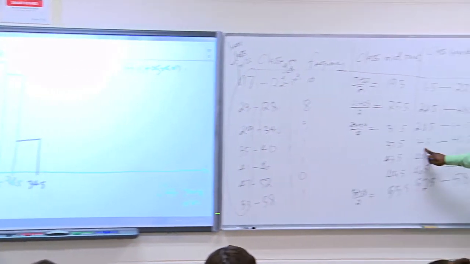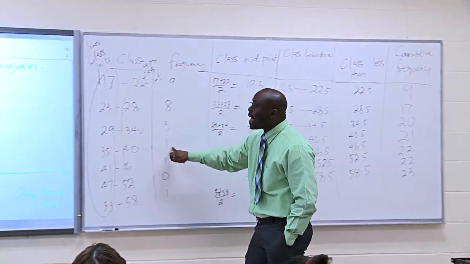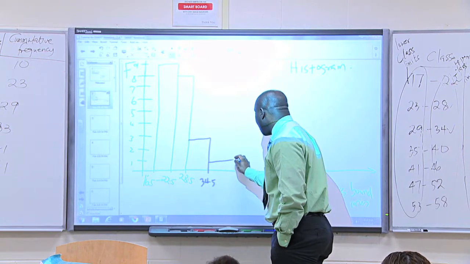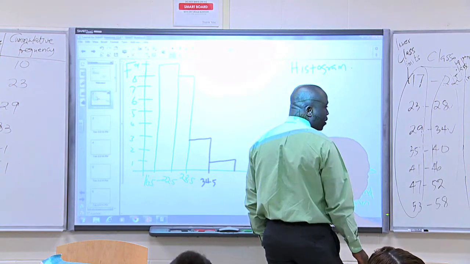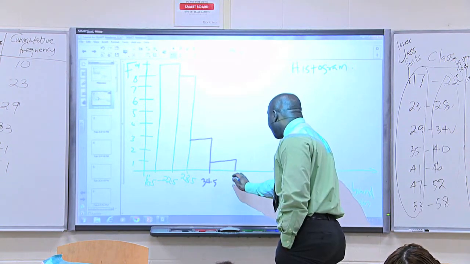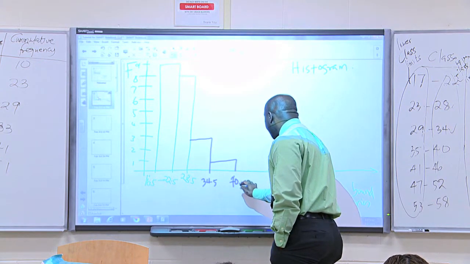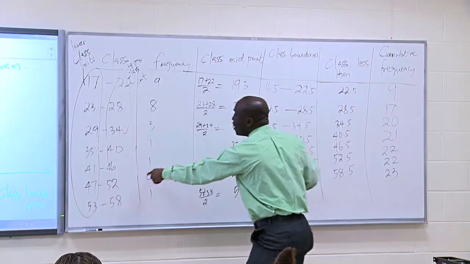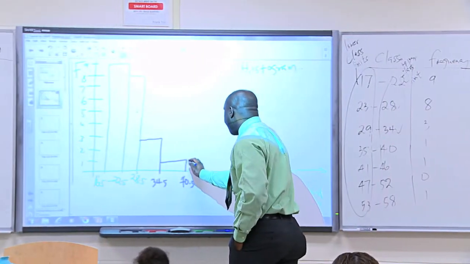From 34.5 to 40.5, the height is 1. So it's supposed to be somewhere there, which is 40.5. The next is also 1, 40.5 to 46.5.